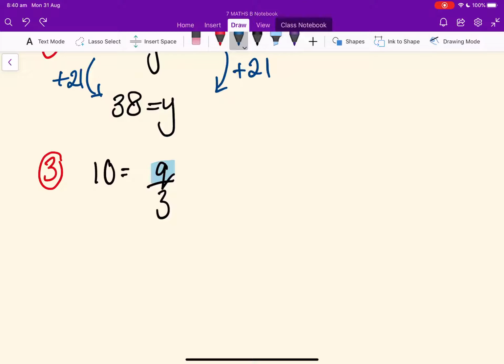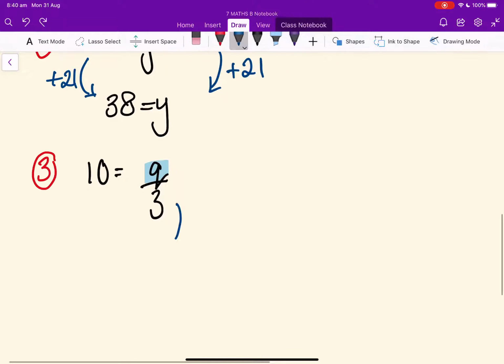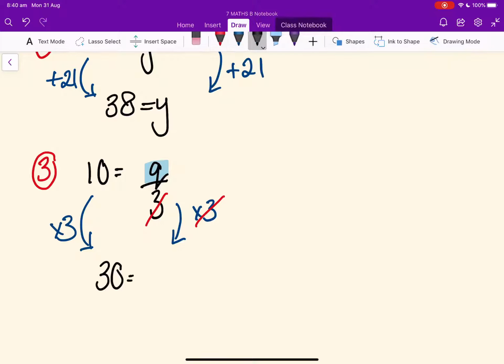It's to multiply. So let's multiply 3 on both sides. This means we can cross the 3 out on this side. 3 times 10 is 30. 30 equals q, and there you go.